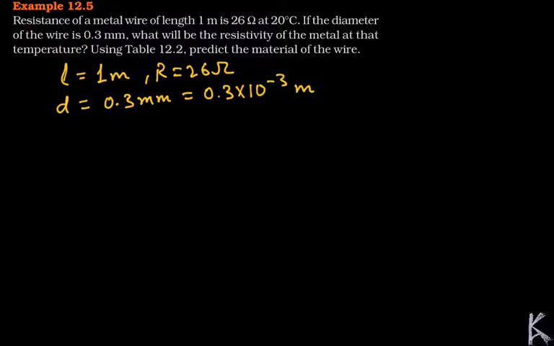For the radius, because we have to find the area first, then we will calculate this question by using the formula R is equal to rho L by A. So the radius will be 0.3 into 10 power minus 3 upon 2.